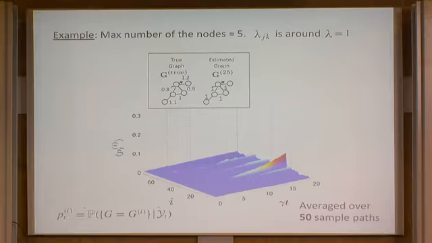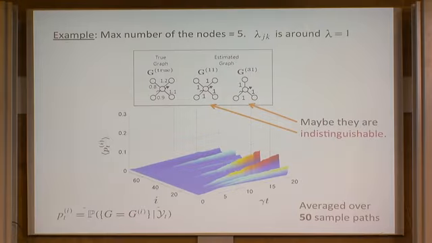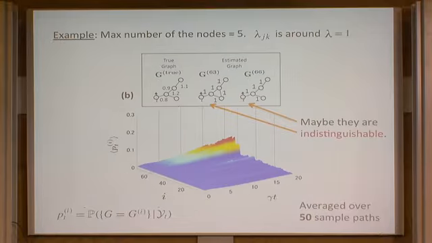Some wrong answers still appear here, but in this case, it doesn't work, maybe because this structure is hard to distinguish. Maybe they are indistinguishable, I guess. This doesn't work as well.